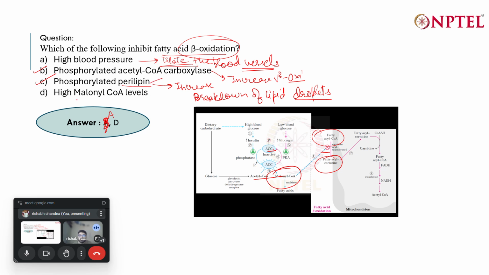Then high levels of malonyl coenzyme A would inhibit the transport of fatty acids to the mitochondria, so this would inhibit beta oxidation. So the correct answer is option A and option D.